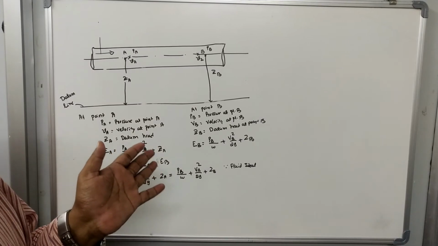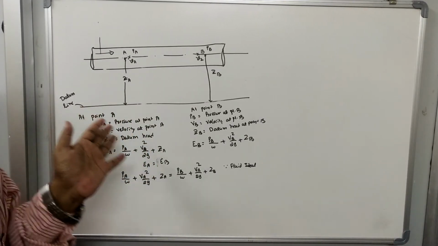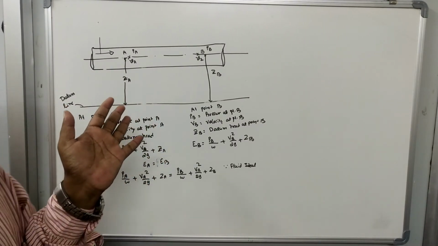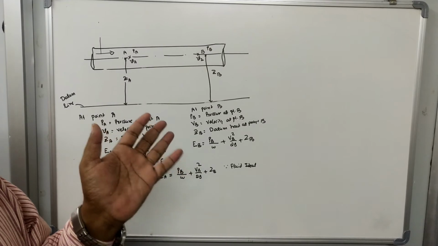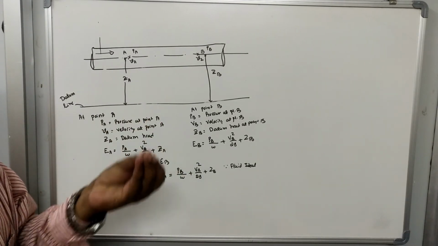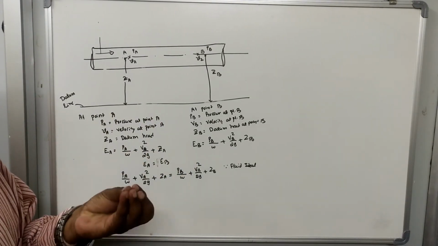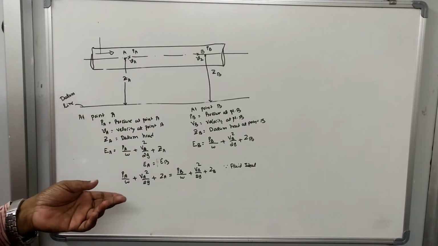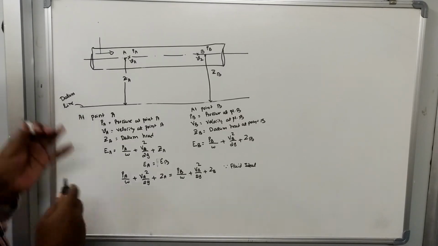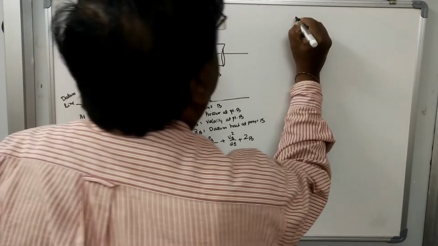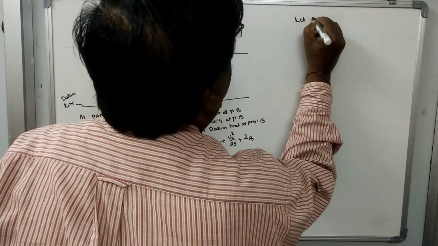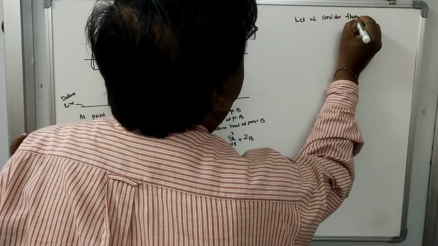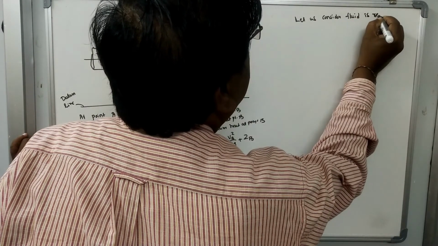If there is no variation in viscosity, there is no loss due to viscosity. That is how the loss takes place, because of the change in temperature gradient, because of the viscosity. So let us consider the fluid is real.